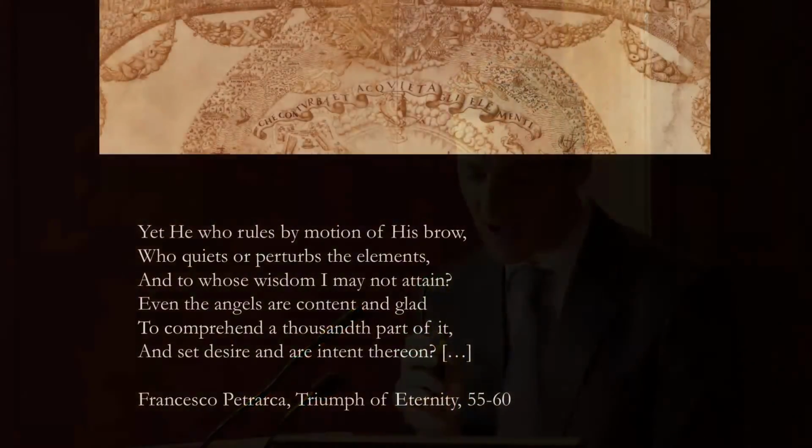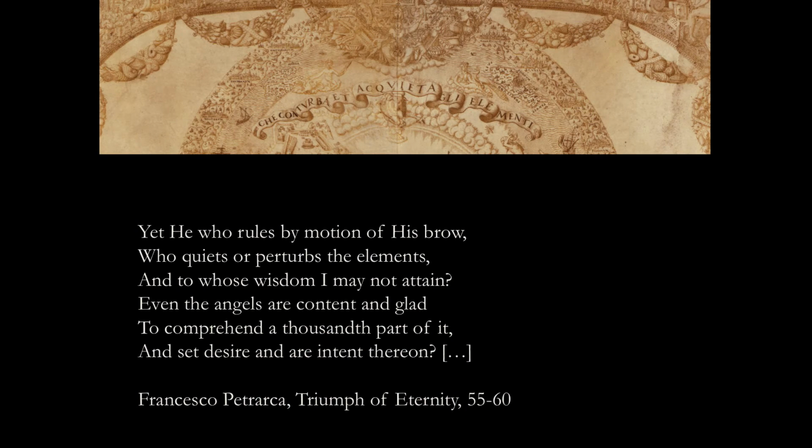The inscription, however, was a bit more cryptic. Finally, I found it in Petrarch's Triumph of Eternity, "che conturba et acquieta gli elementi," who quiets or perturbs the elements. An image here that conjures up an image of God as master of time and of the universe.